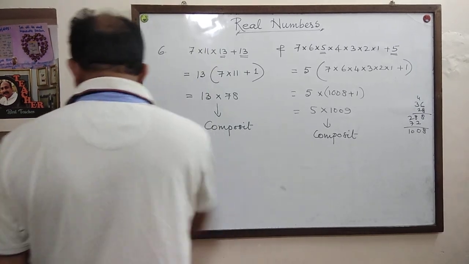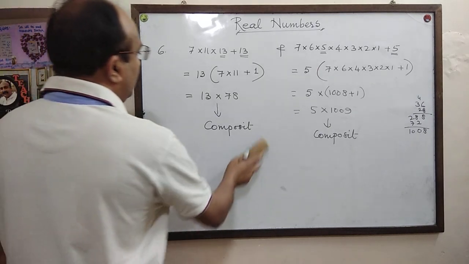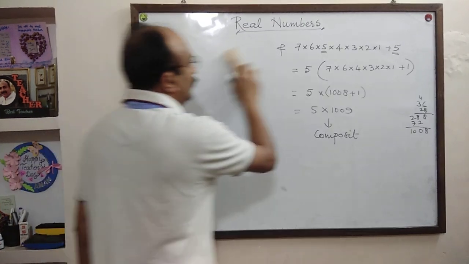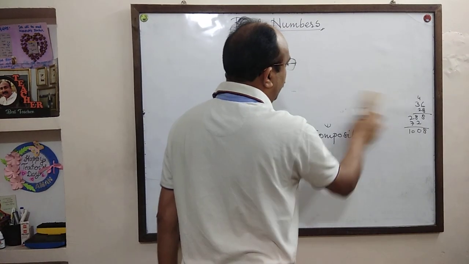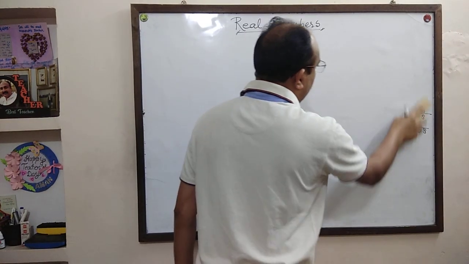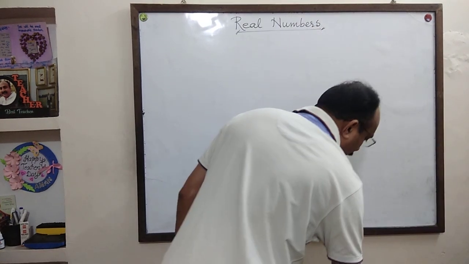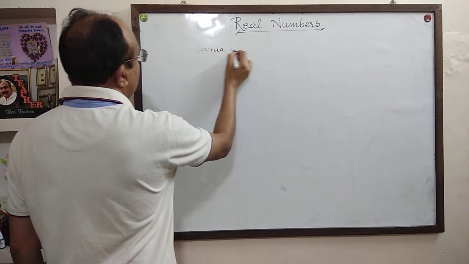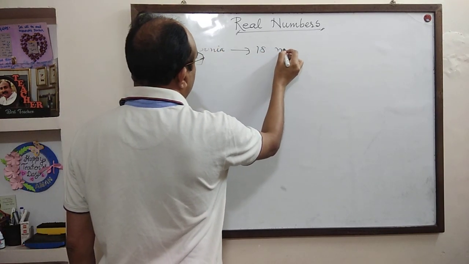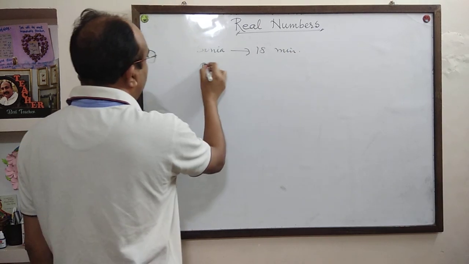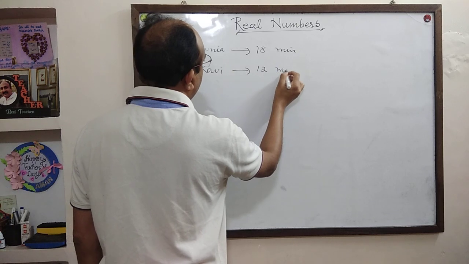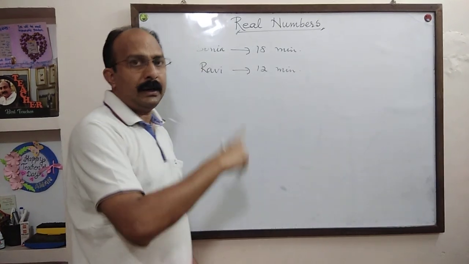So there is a circular path and two people are driving around it, and they are taking different times to complete one round. Sonia takes 18 minutes while Ravi takes 12 minutes.